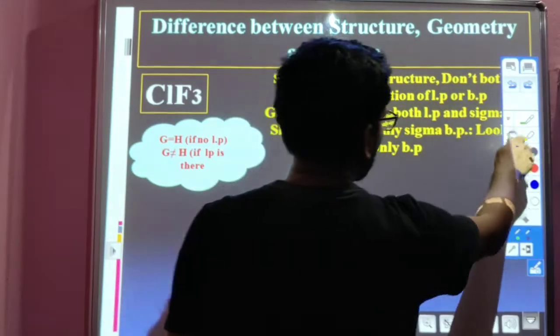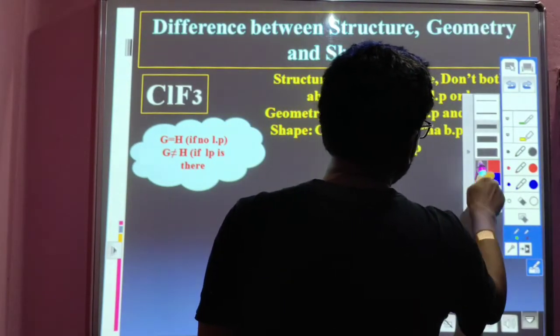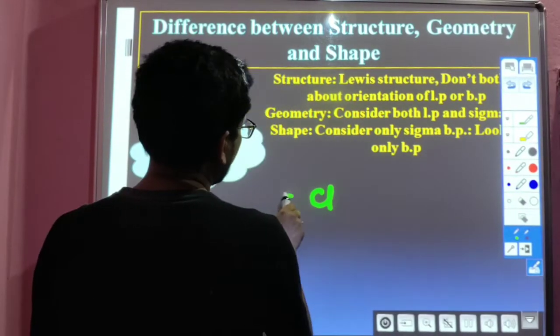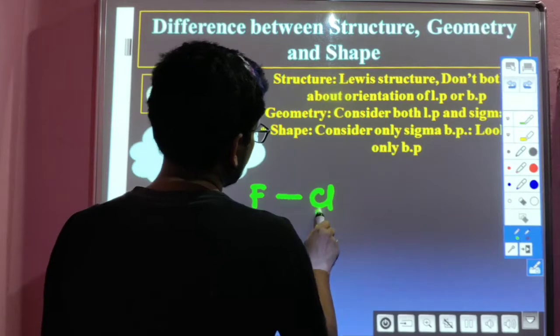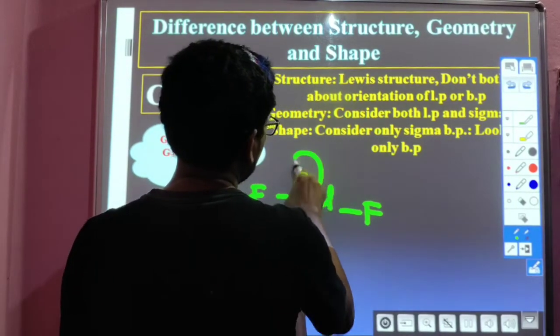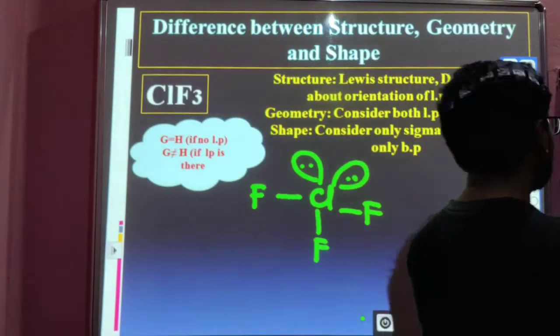Okay. ClF3, 3 sigma bond pair and 2 lone pair of electron, right?